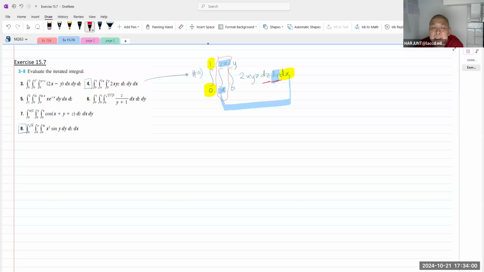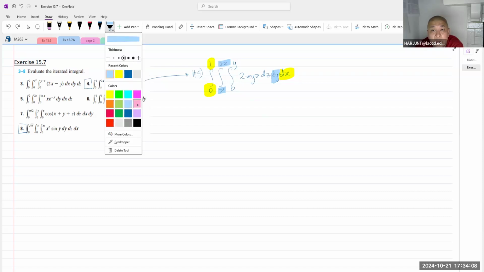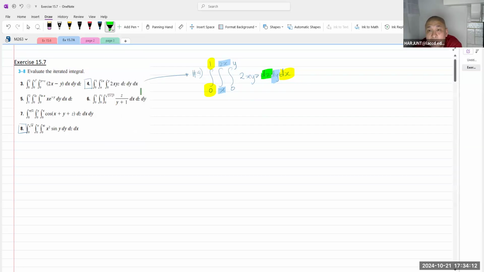Now the innermost integral, let's see which color is good. Let me use this one here. The innermost integral, the dz, may have constants, may have y, may have x in the limits of integration. You cannot have z. You cannot integrate with respect to z and then plug that z in.